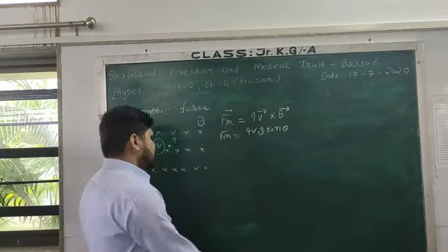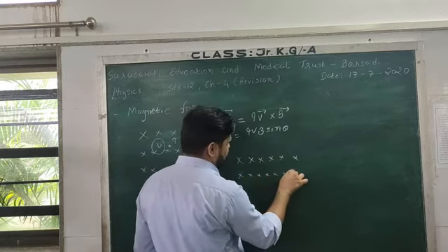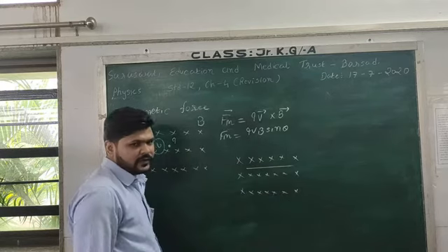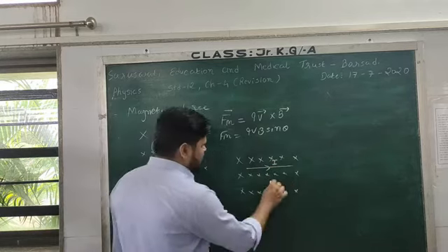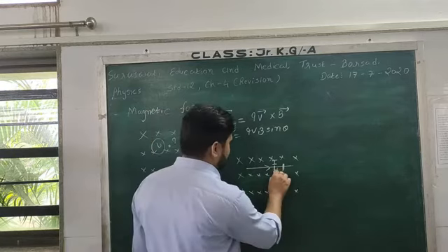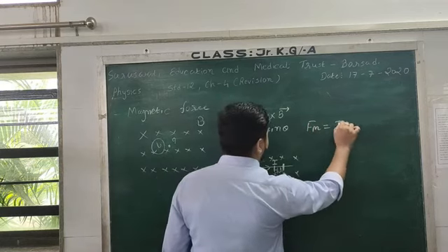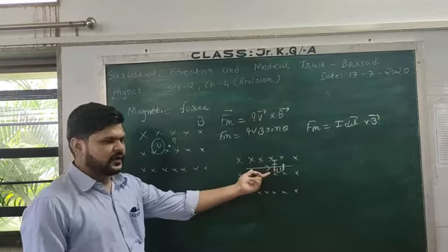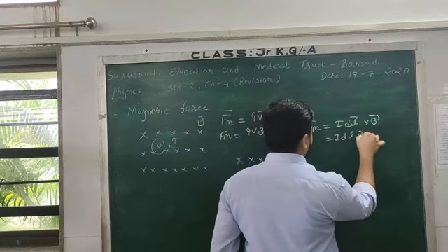Another formula: suppose again this is the magnetic field, and in this magnetic field there is a current carrying wire. Then on this small element of current of length dl, the magnetic force acting is I dl cross B, that is I dl B sin theta.